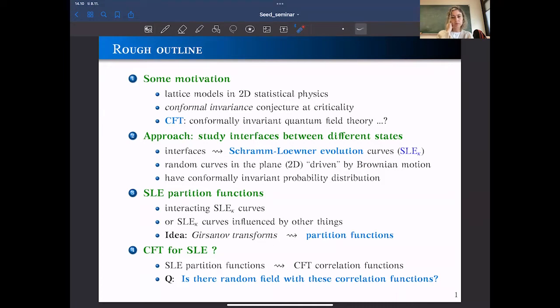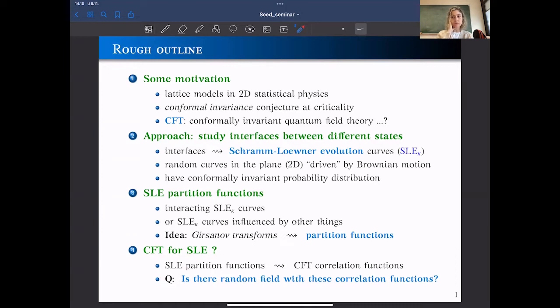So the question I'm posing is, can we somehow realize these objects that you find from the SLE random curves? Can you find some kind of quantum fields in conformal field theory that would be given by these correlation functions that we already understand? So that's maybe for the experts.